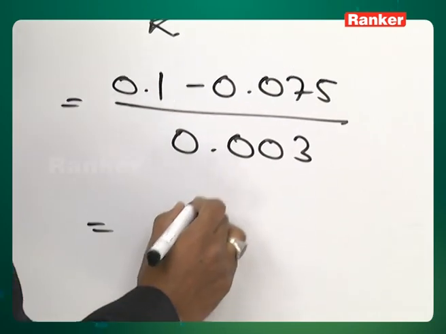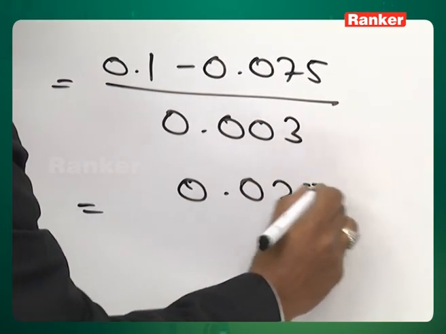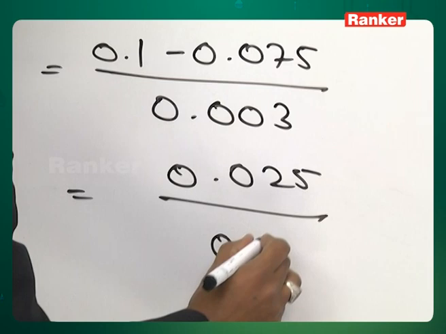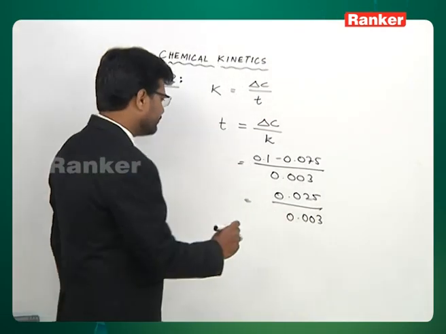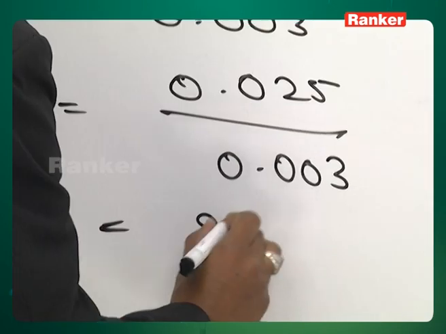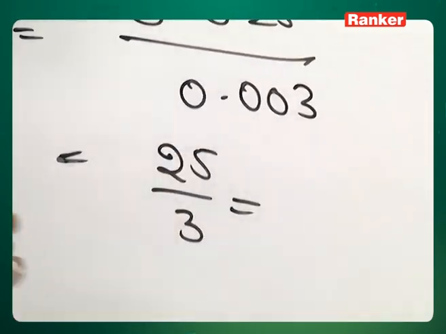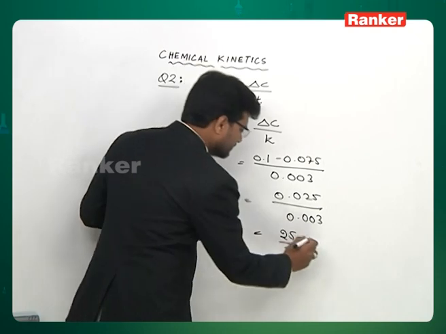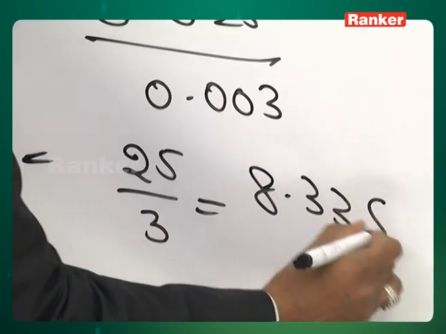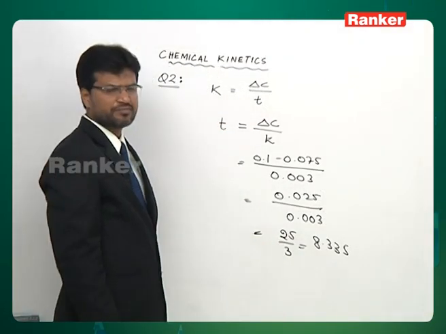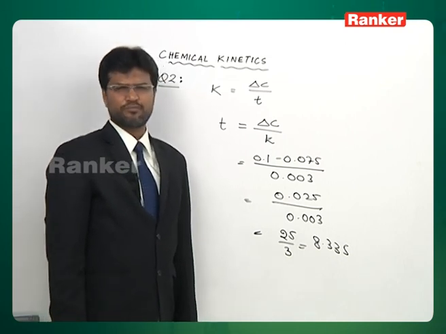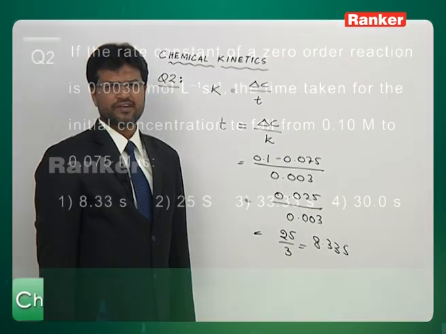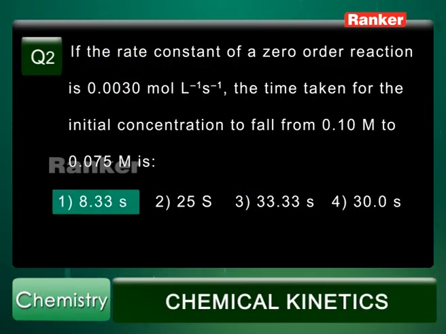So this comes to 0.025 by 0.003, that comes to 25 by 3, which is 8.33 seconds. So the correct answer is the first option, 8.33 seconds. This is the time taken for the concentration to change from 0.1 to 0.075 M. Correct answer is the first option.